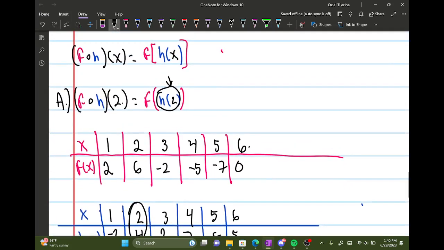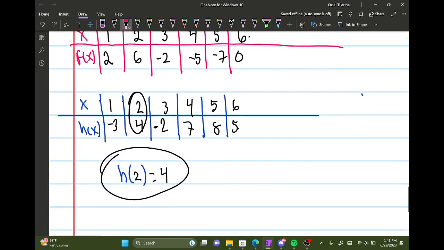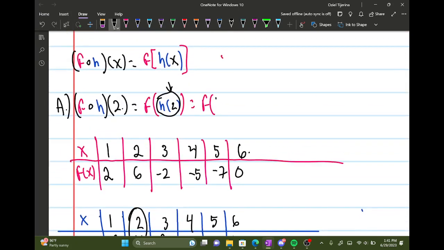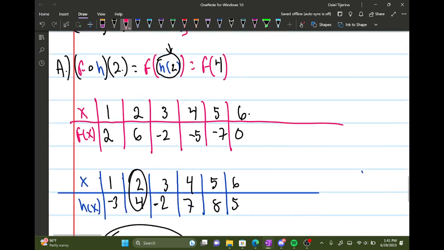So then doing this problem, we end up getting f of, and we're going to plug in 4 for h of 2, right? And so now we have to see, in the first table, when x is equal to 4, what is f of x? This is going to give us -5, because if we look right here, that is what we get for x equals 4.